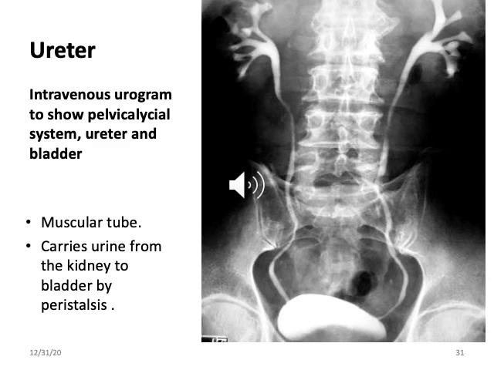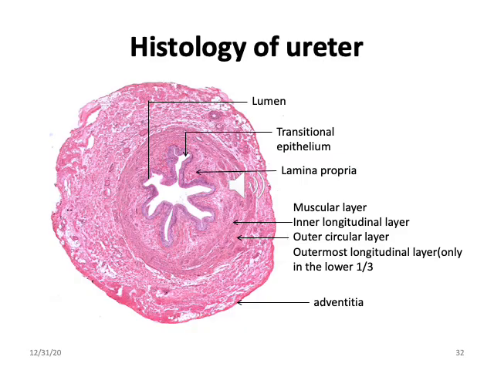Let's discuss the ureter, which is a muscular tube that carries urine from the kidney to the bladder by peristalsis. This is the histological appearance of the ureter. The epithelium lining the ureter is transitional epithelium.